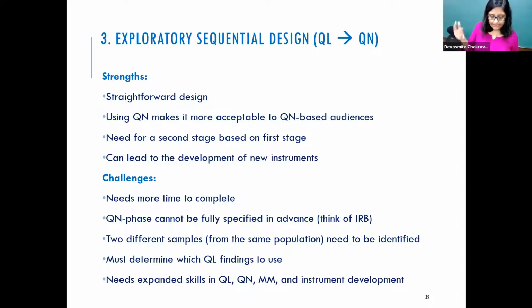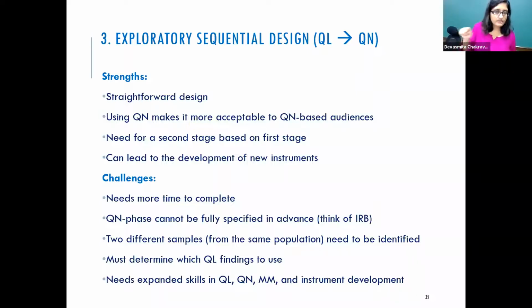Okay. It needs more time. Again, you can't fully specify the two phases. So double IRB. It has to be two different samples from the same population. So it increases your work, increases the time it takes. You should also determine which qual findings to use. Just like in the previous example, you don't know which quant findings to use.